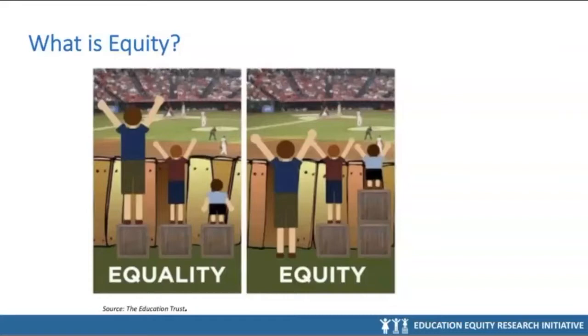The incorrect assumption would appear to be that everyone will sufficiently benefit from such equal treatment. In the image on the right, on the other hand, individuals are given different supports to make it possible for them to have an equal access to viewing the game. So they're being treated differently, but in a way that promotes equal opportunity, or leveling of the playing field.